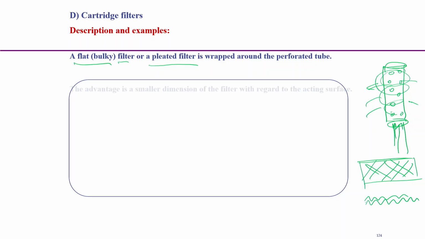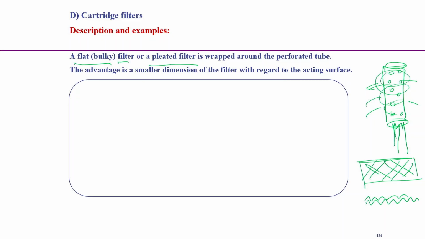When it is wrapped, the advantage is the smaller dimension. So, we can use this in a very compact place, and the dimension is small, but the acting surface is very high, say for a water filter cartridge.